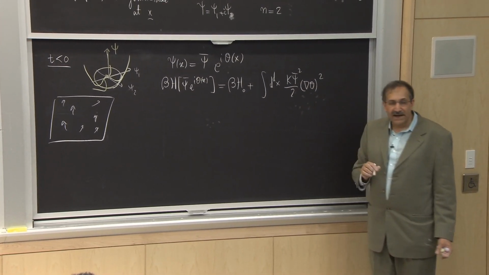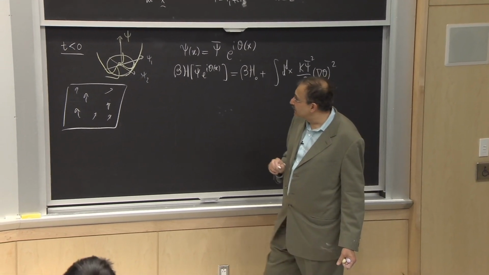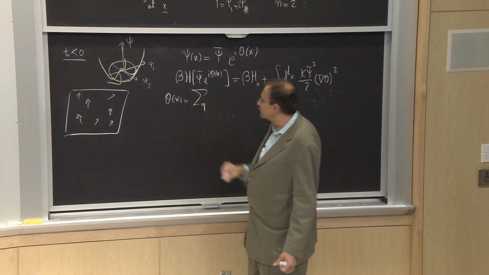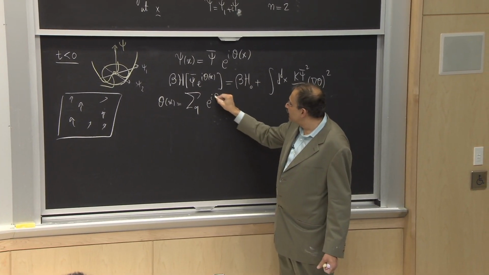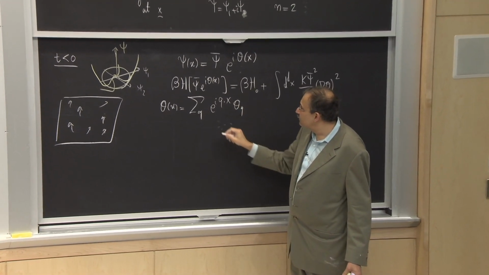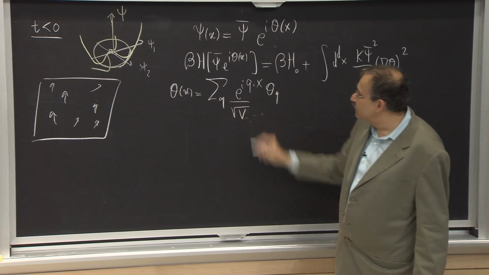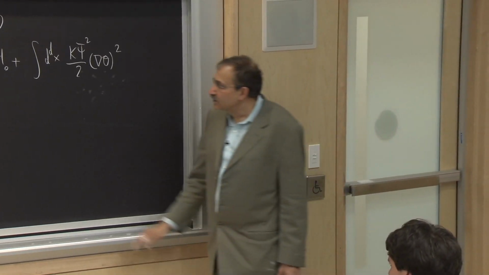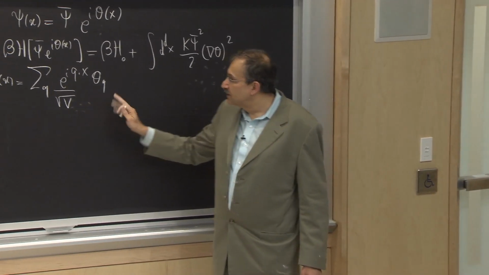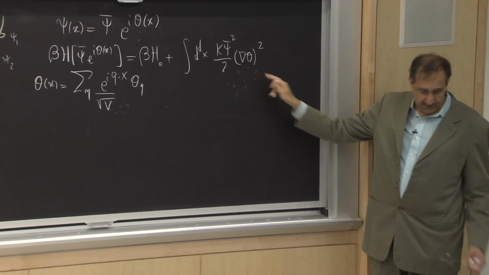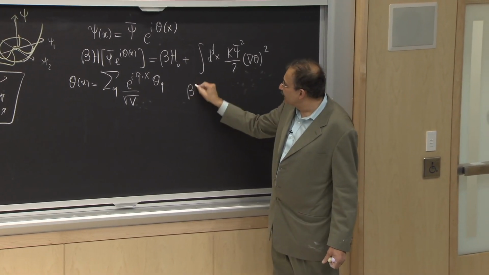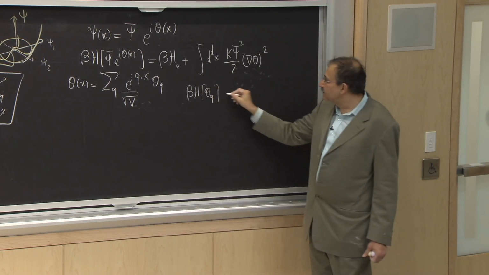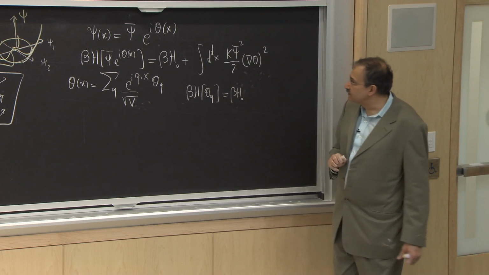I can unpack that a little bit better, just like we did for the case of phonons, by writing theta in terms of Fourier modes, e to the i q dot x, theta of q, where for the time being I assume I have discretized appropriate values of q, and I choose this normalization root V. If I substitute that over here, what I find is that beta H as a function of the collection of theta q's is, again, some beta H0, which is not important.